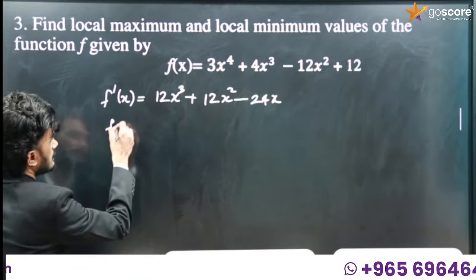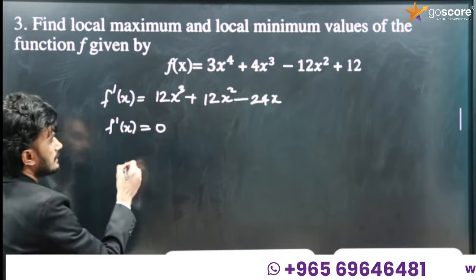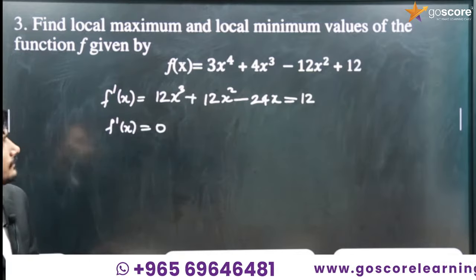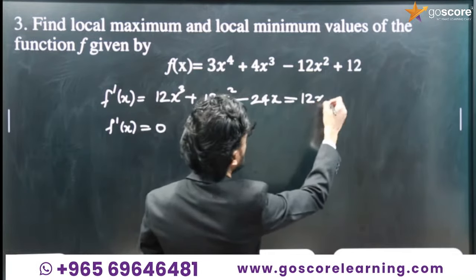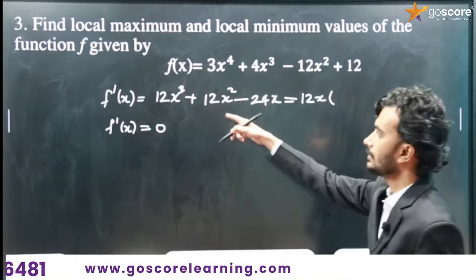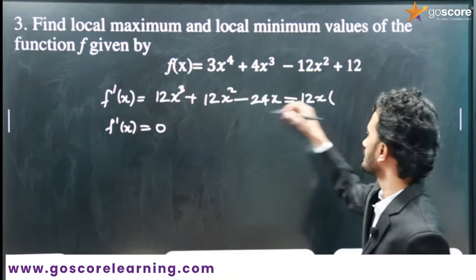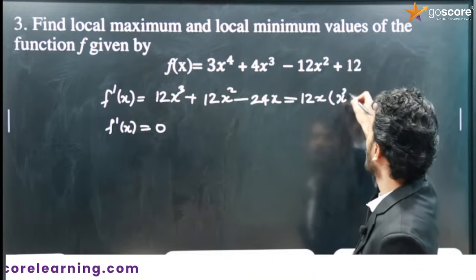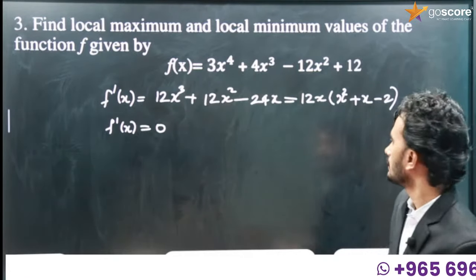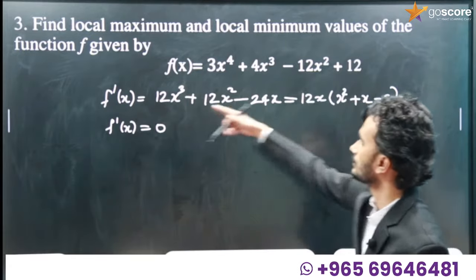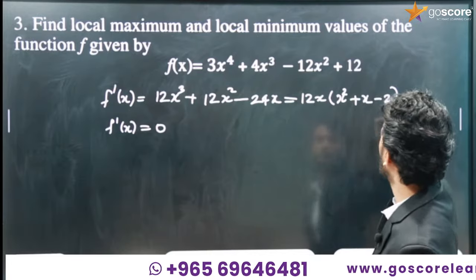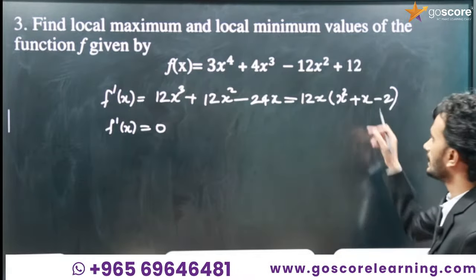So f dash of x is equal to 0. Here 12x is common, so we can write 12x into x square plus x minus 2. Check: 12x into x square, 12x cube, 12x into x, 12x square, minus 12x into 2, 24x. Again we can factorize this one.